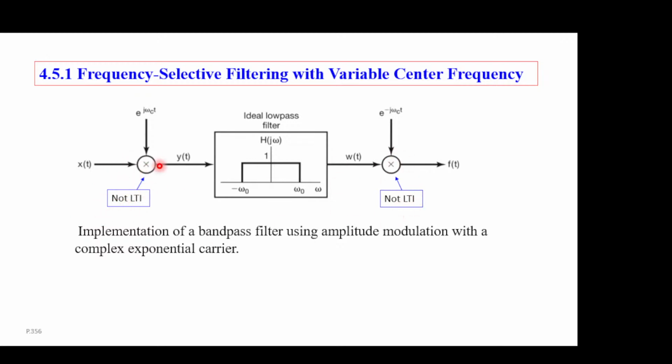We are kind of cheating using two non-LTI elements, but this is possible in electrical engineering, and it's very useful. Let's say in your radio, you probably want to select some frequency, and you can use this kind of thing.